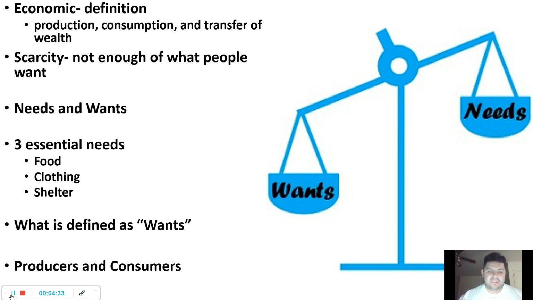A need is basically the minimum of something, whatever it may be, but it gets one of those things: food, clothing, shelter. Okay, do you necessarily need a mansion to live somewhere? No, a simple apartment will do. Do you need a 5-course meal and this and that every day?